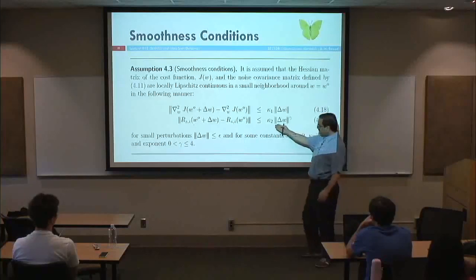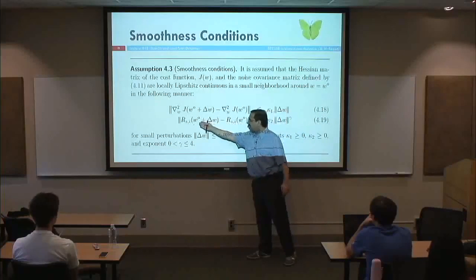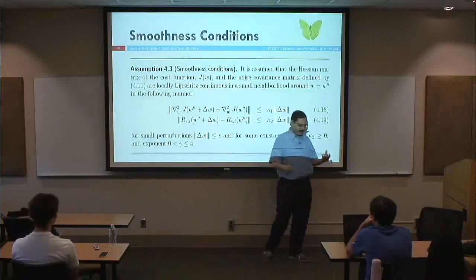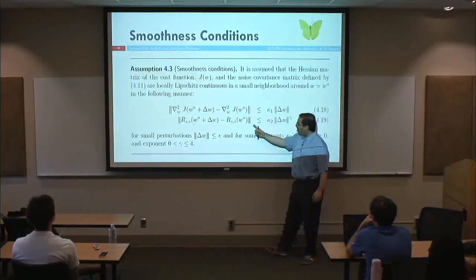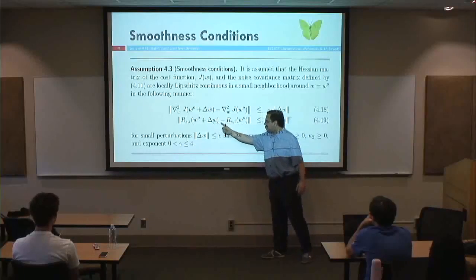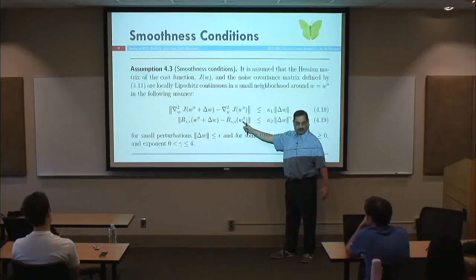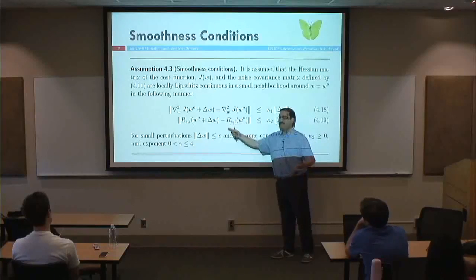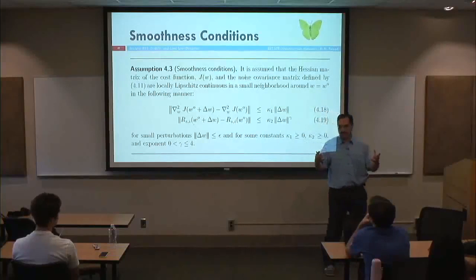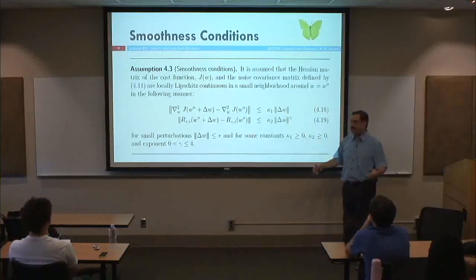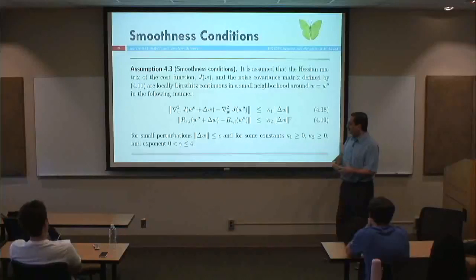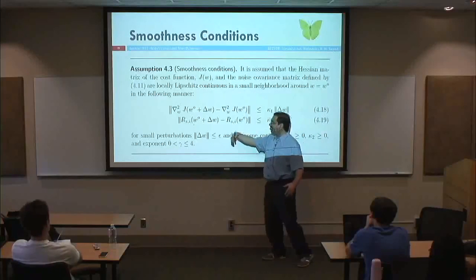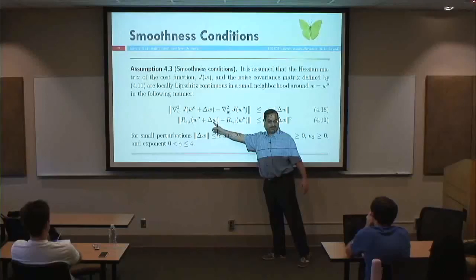And this is saying I expect the covariance of this gradient noise to be smooth, okay, to be smooth. If I move a little bit away from where I want to go, right? You don't want the size of this gradient noise, as measured by its covariance matrix, to change significantly more than the size of the step.